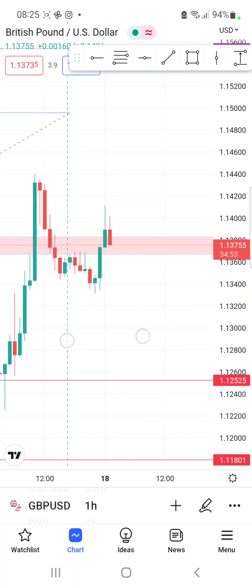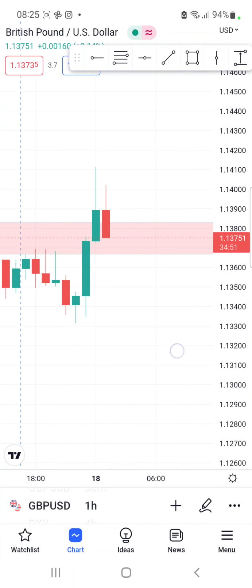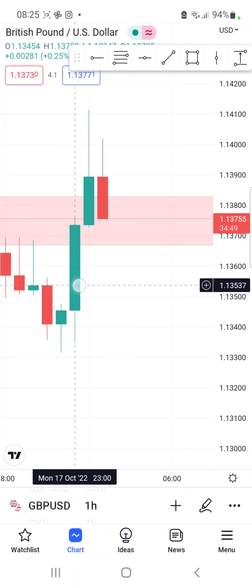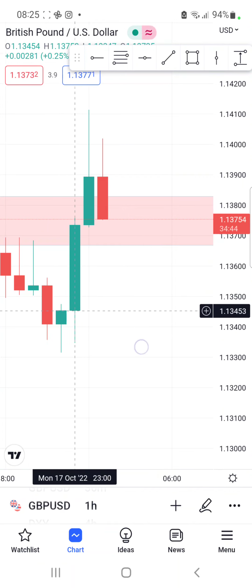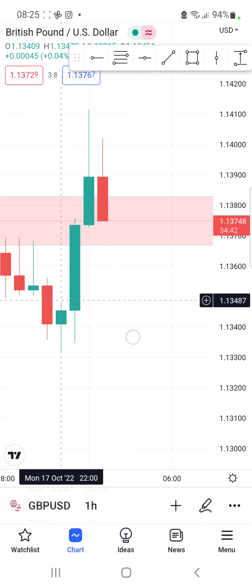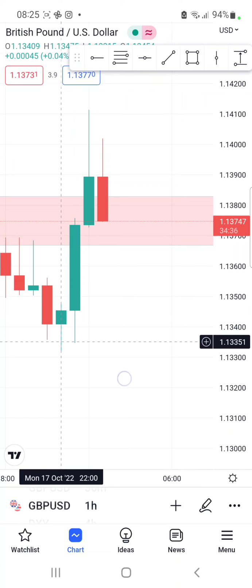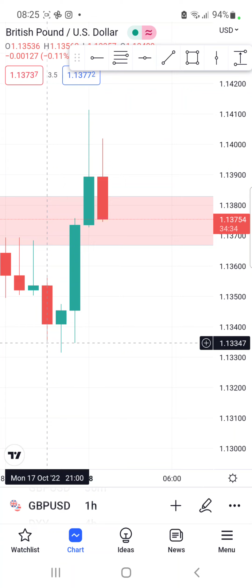For every candle you can see, for the green candle, the body usually represents the open and the close. The wicks represent all the levels where the price had gone within the 30 minute period.